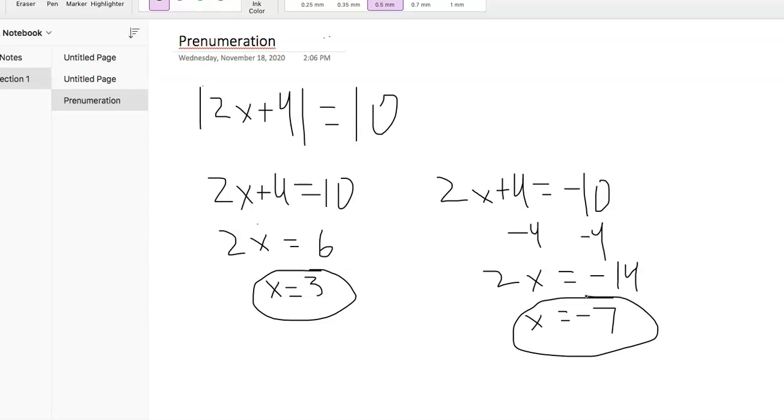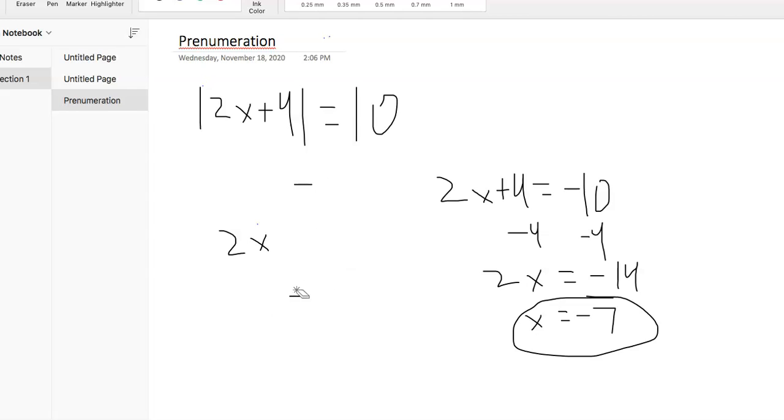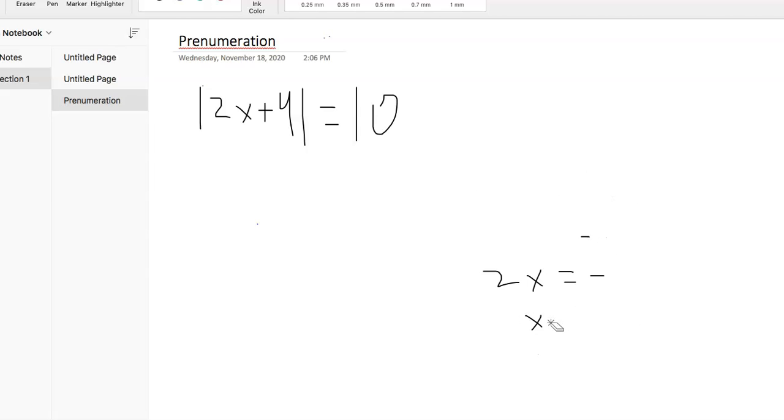One thing that you want to remember, or if you didn't know this, something to know, is that it can't, where's my eraser? Okay, so if you saw something like, instead of that, which is more straightforward absolute value question, if you saw this, it's a negative sign.